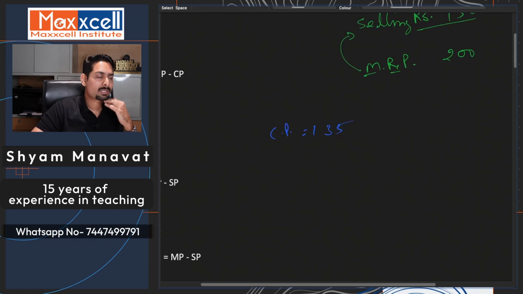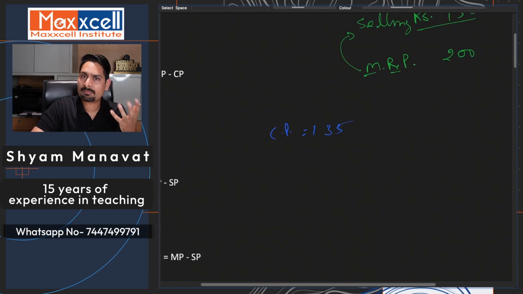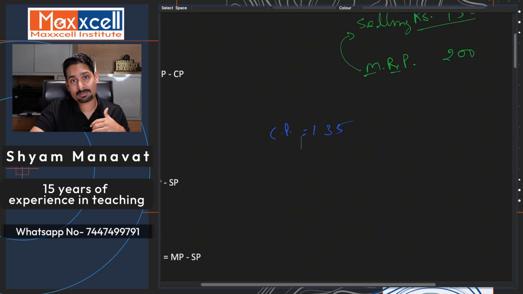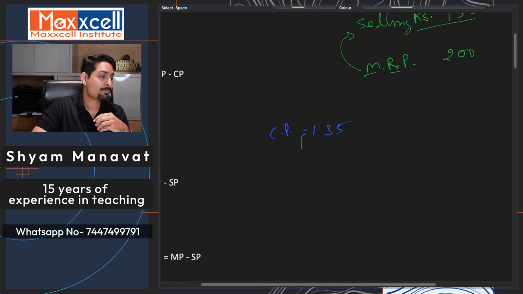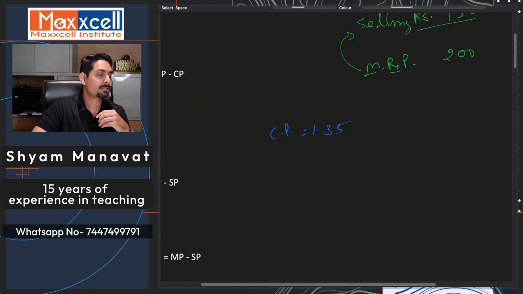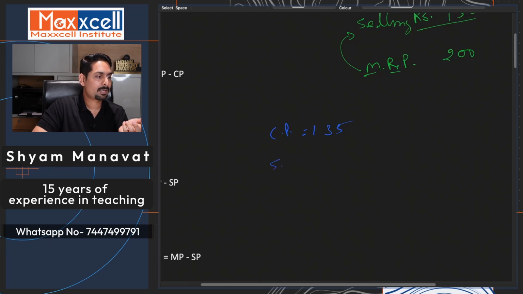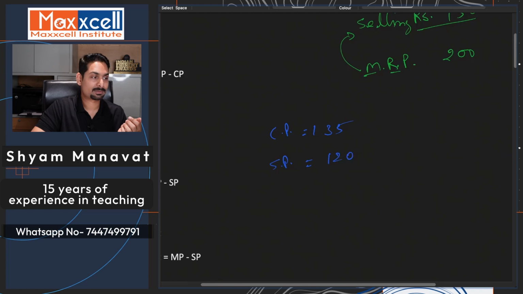Now this t-shirt is out of fashion. Nobody is showing interest in buying this product anymore. So in that case, you are even ready to sell this product at a lesser price. Suppose you sell this t-shirt at 120 rupees. Now this is where you have a loss.